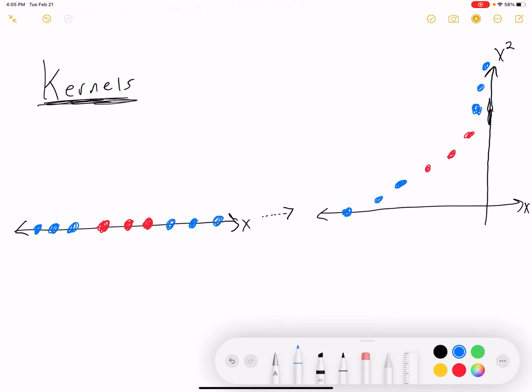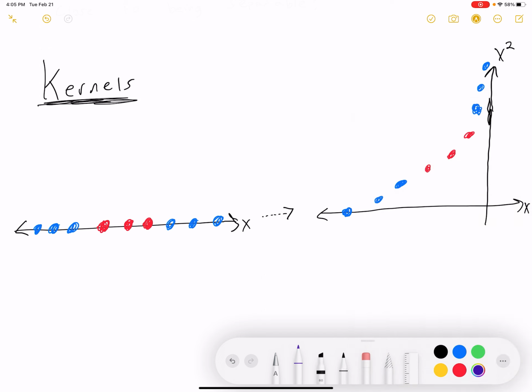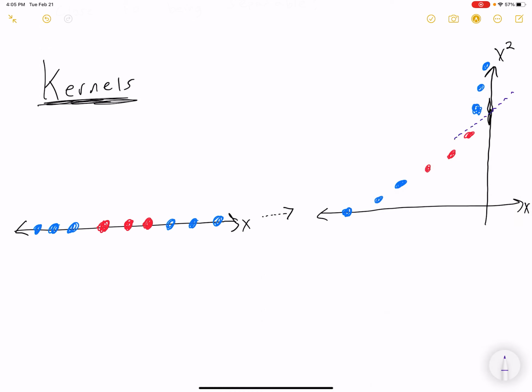Now in this two-dimensional space, there is a linearly separating boundary. I'm kind of tempted to redraw this so it really is a straight line, but y'all get the idea.